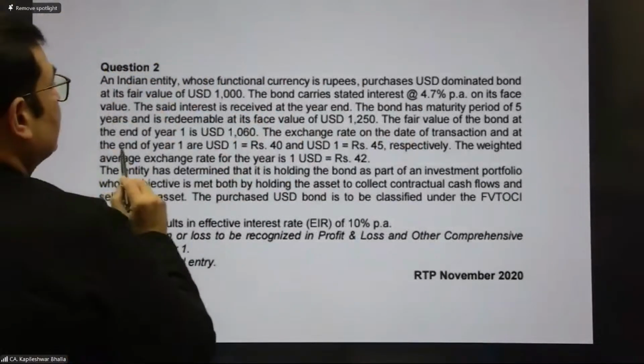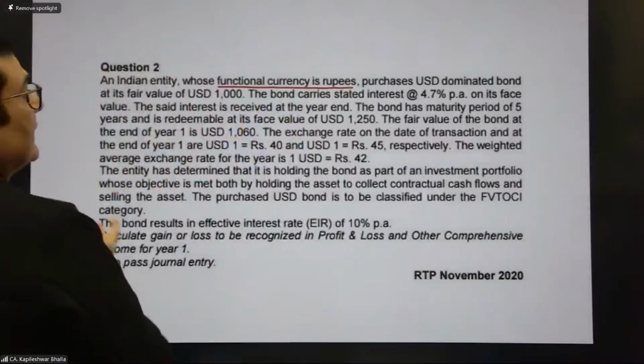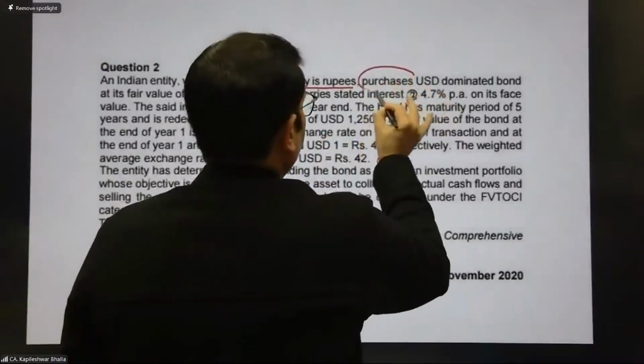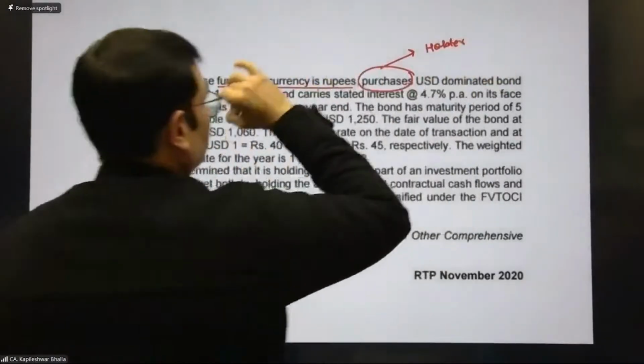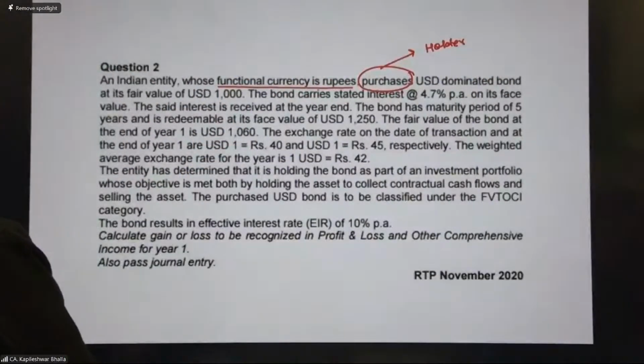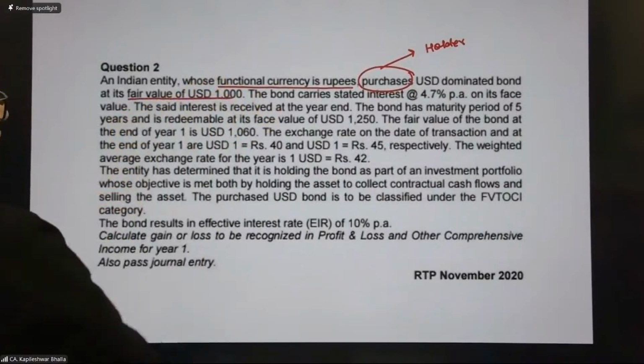It says an Indian entity whose functional currency is rupees purchases, that means the focus is now on the holder's point of view, USD denominated bonds at a fair value of $1,000.